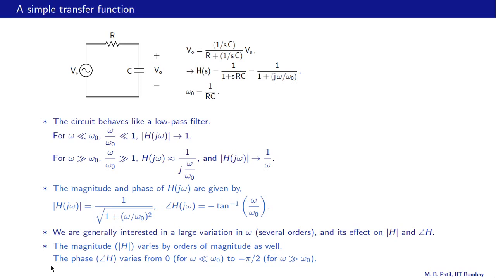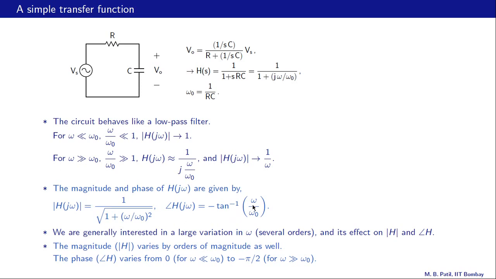On the other hand, the phase, that is angle of H, varies in a limited range. Let us look at this example. We have angle H given by minus tan inverse omega by omega 0. If omega is much smaller than omega 0, then this number is close to 0, and then the angle H is about 0 degrees or 0 radians.